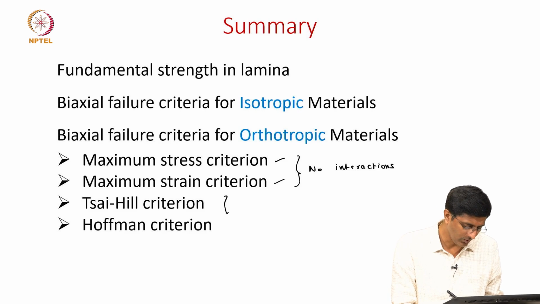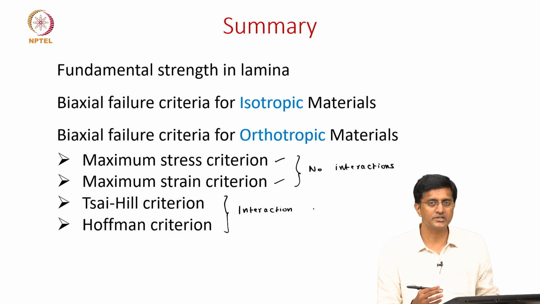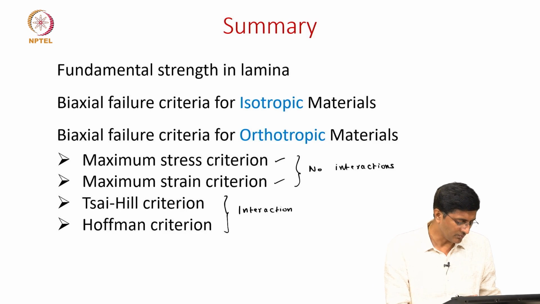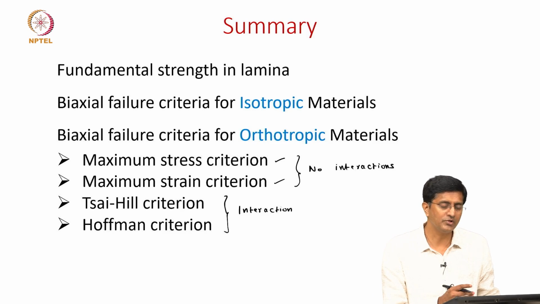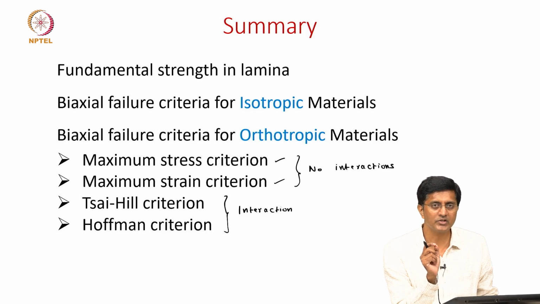But later we looked into Tsai-Hill and the Hoffman and showed that there are interactions between different strengths in the material. So the difference between Tsai-Hill and Hoffman: we showed that Tsai-Hill is good for each quadrant, where you have a smooth curve, but going from one quadrant to the other quadrant you will have a different curve. So one needs to take care of changing the equations of the curve going from one quadrant to the other.